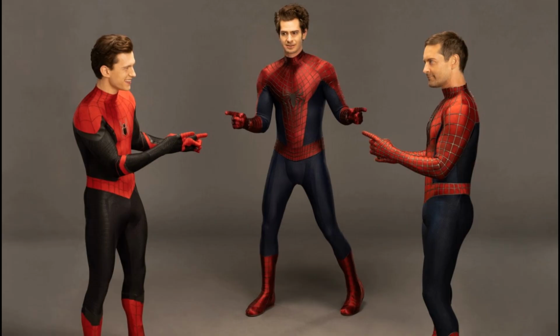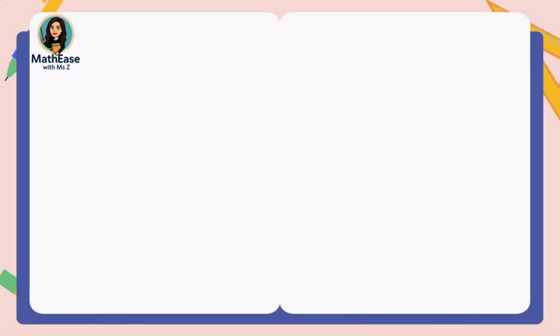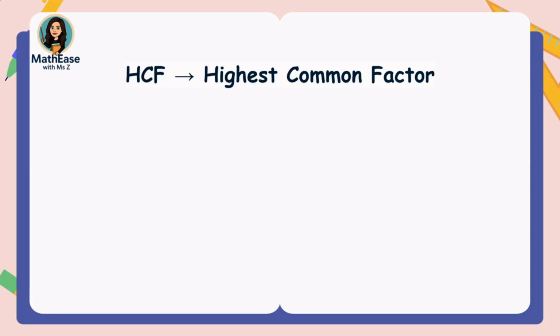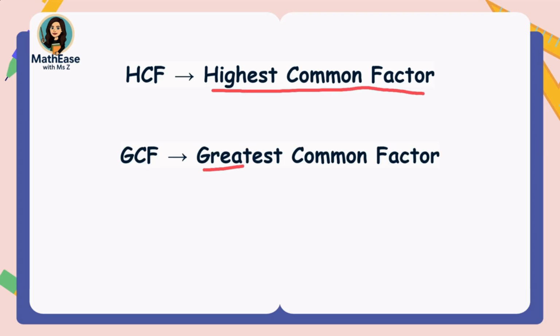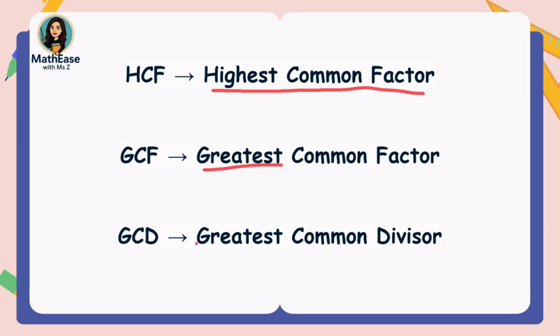Sometimes in math, you'll see the same idea written in different ways. For example, the HCF, which stands for the highest common factor, the GCF, which stands for the greatest common factor, and the GCD, which stands for the greatest common divisor. At first, it might look confusing because of the different words, but they are just 3 different names for the same thing.